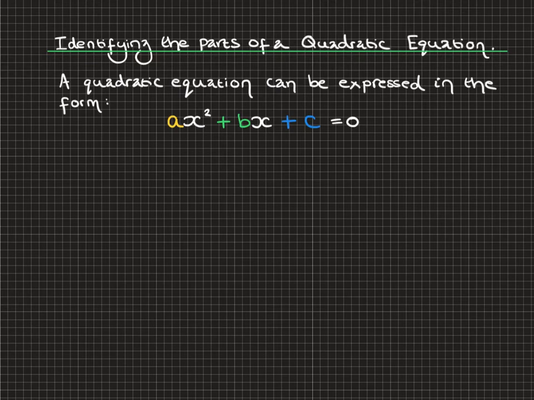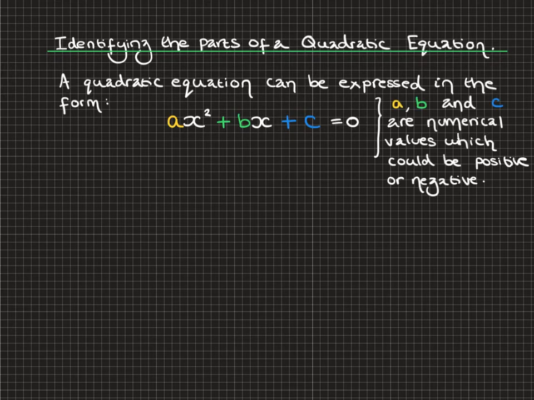Now, a quadratic equation can be expressed in the form ax squared plus bx plus c equals 0, where a, b and c are numerical values which could be positive or negative. It is absolutely vital that when you are given a quadratic equation, you must be able to identify the value of a, the value of b and the value of c for your quadratic equation.